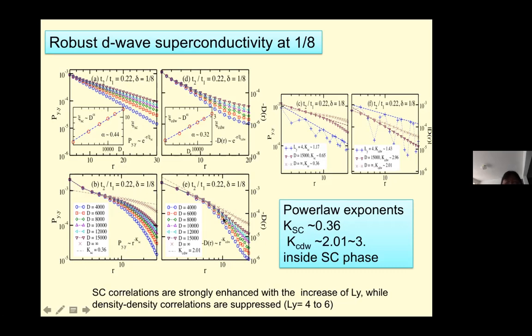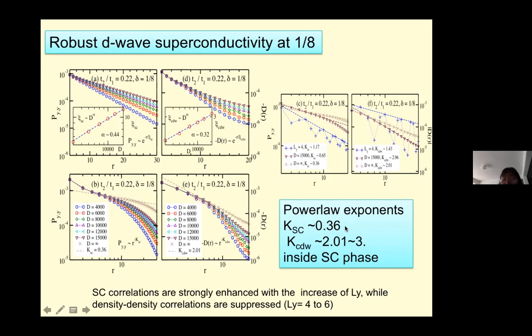The exponent for the CDW is reduced to around 2. For the whole region we identified as the uniform d-wave superconducting phase, the superconducting correlation exponent is always around 0.36.